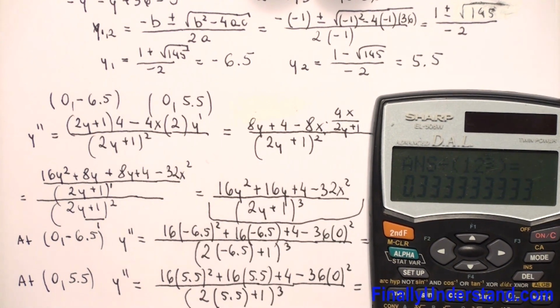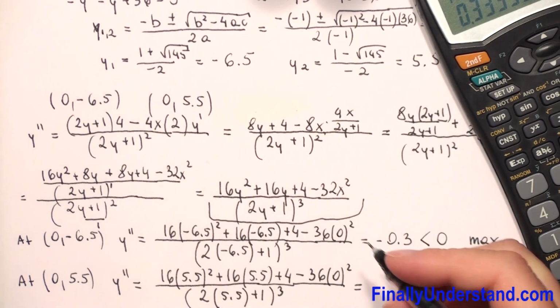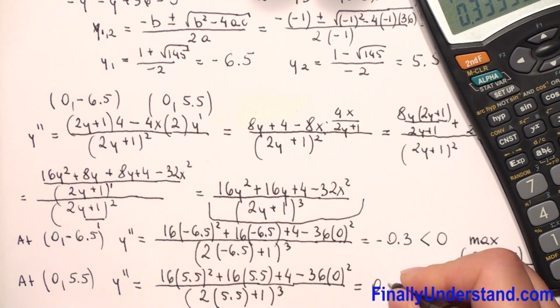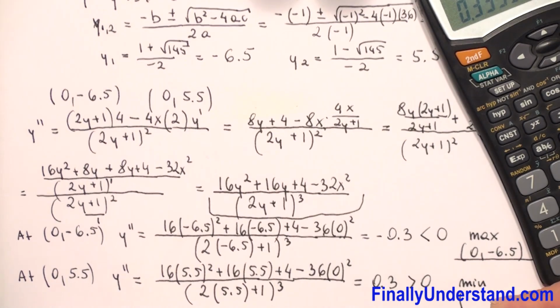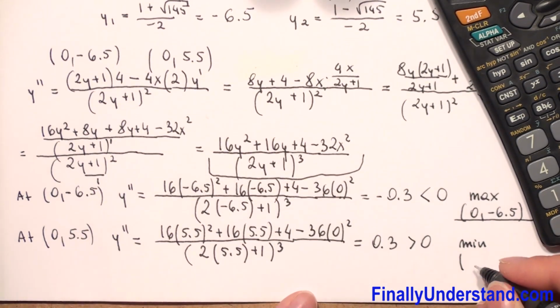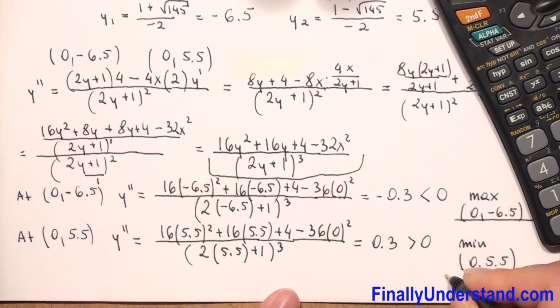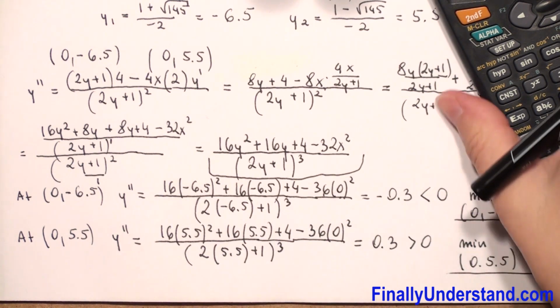So this is equal to 0.33. This is a positive number. So we have a minimum at point 0, 5.5. So this is my solution.